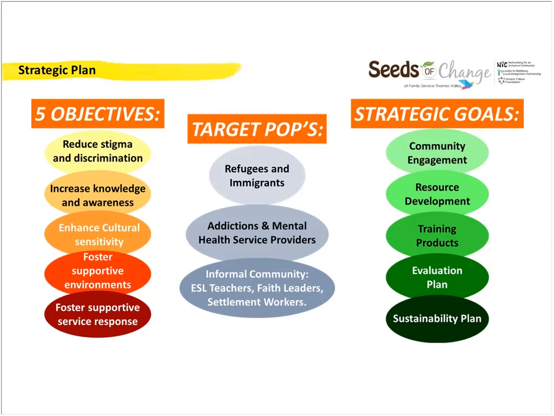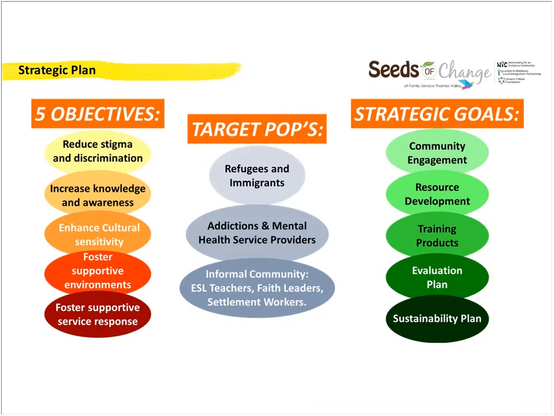The target populations, as I mentioned before, initially the project wanted to just focus on refugees and immigrants and the mental health and addiction service providers. We learned at the very first forum that we were missing a big component of it, so that we needed to add another phase that focused on the English as a second language teachers, the faith leaders, and settlement workers.